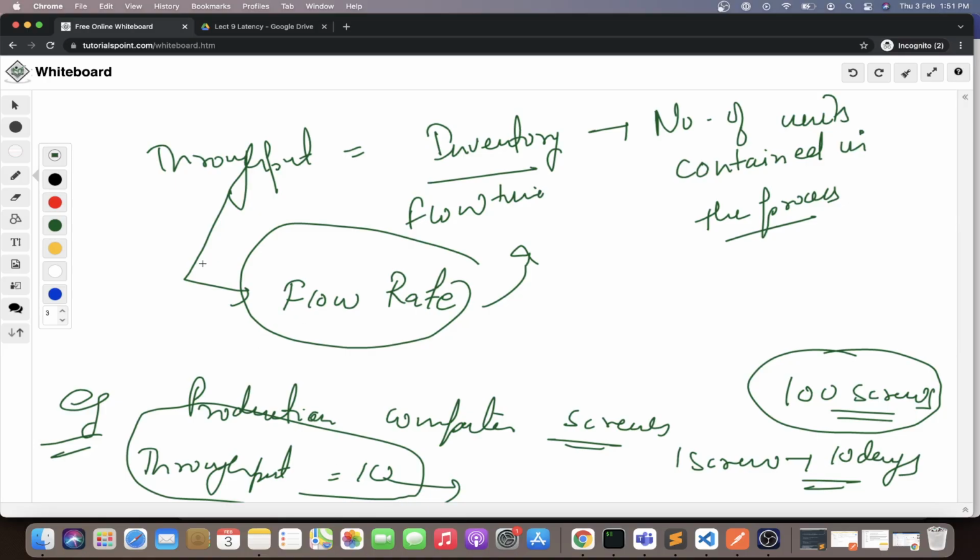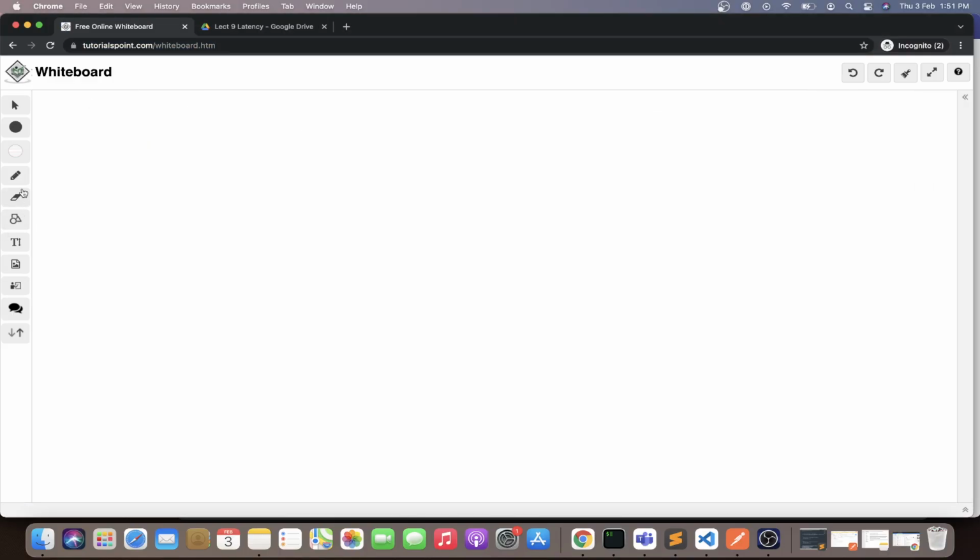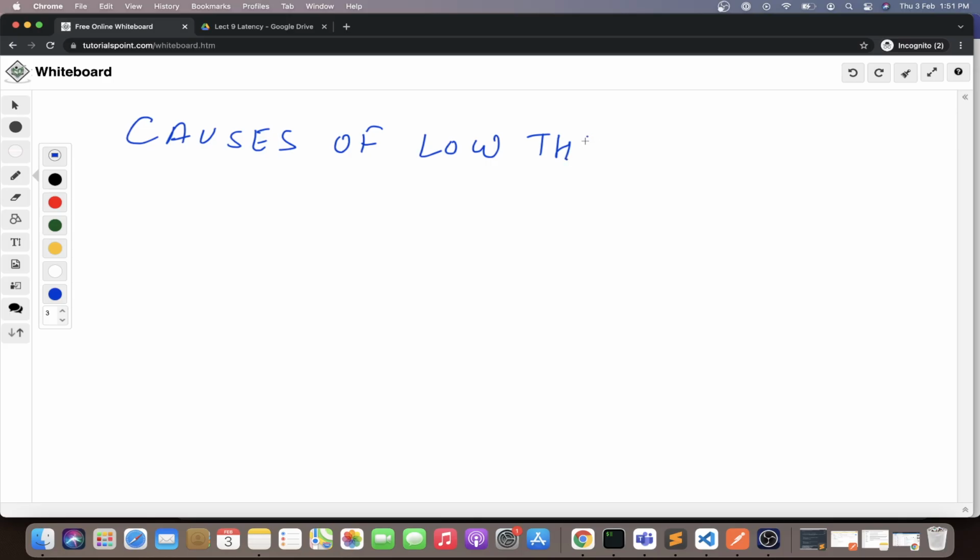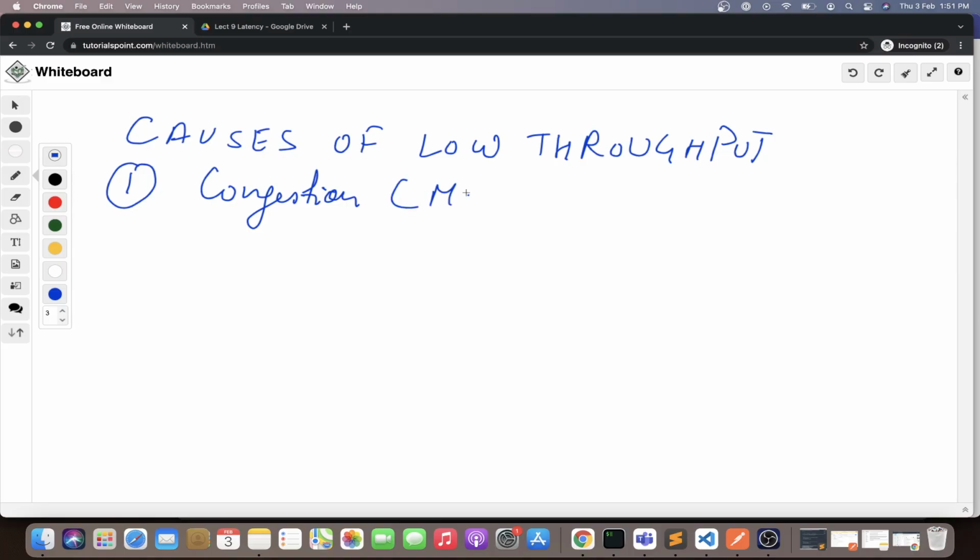Now let us look at some of the causes that result in low throughput. Let me write the heading: causes of low throughput. The first one is congestion or many requests.